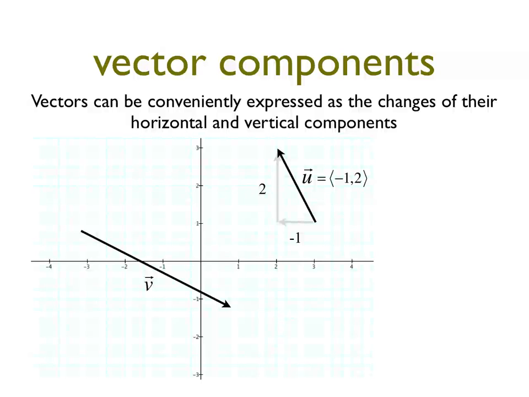They represent how much change in the horizontal direction is represented by this vector, and 2 is how much change is represented by the vector in the vertical direction. So that's why there's this different symbol. But don't confuse that with the point -1, 2, which is here.